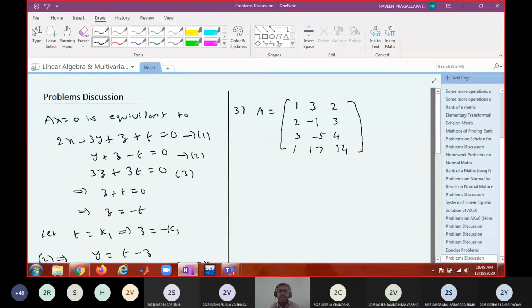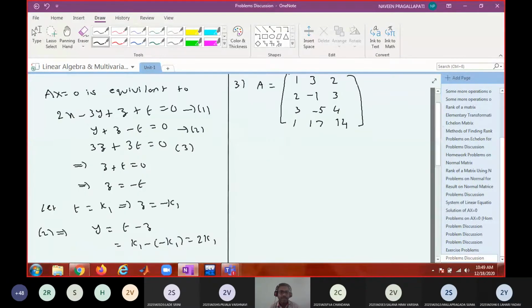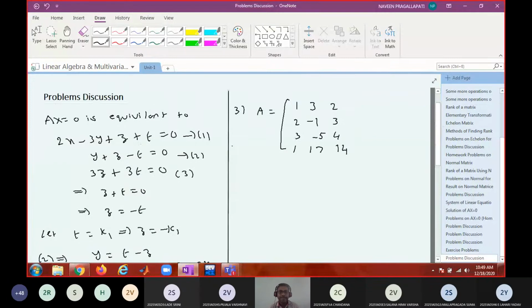And after converting it into echelon form.